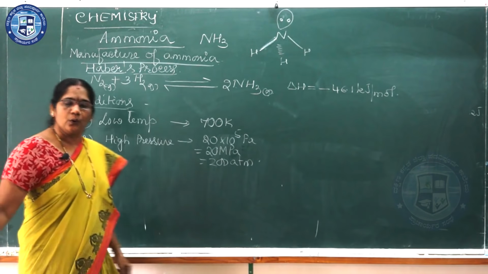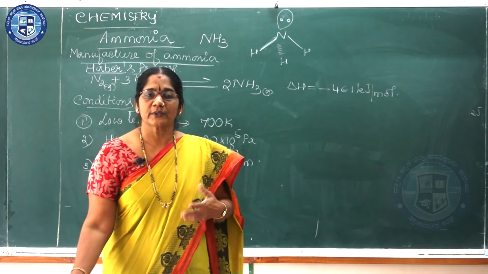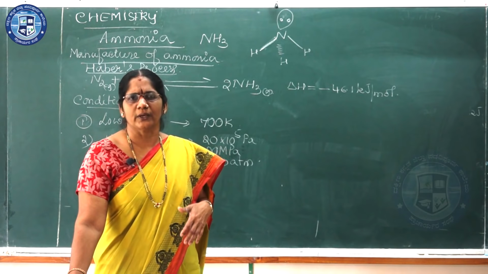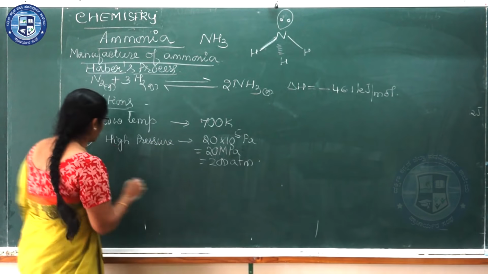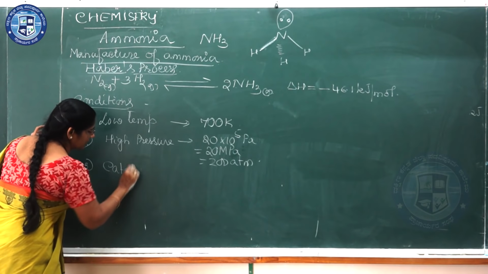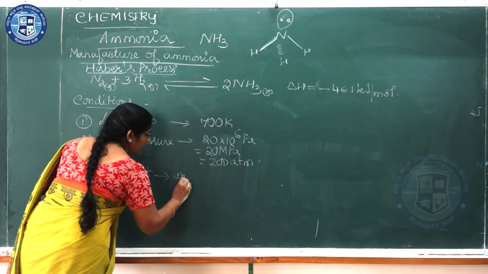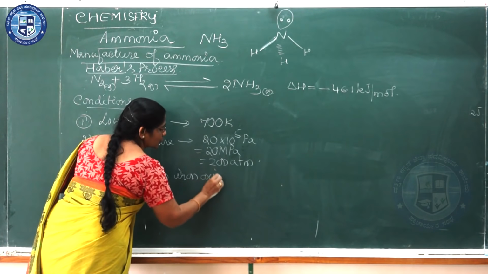Next, you know about some chemical substances which increase the rates of reactions which are taking place very slowly. They are called catalysts. So, we are making use of a catalyst here which increases the rate of the reaction, that is iron oxide.